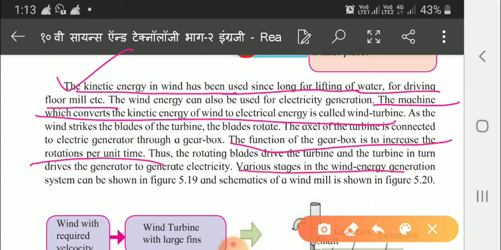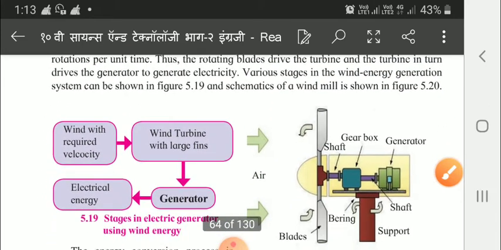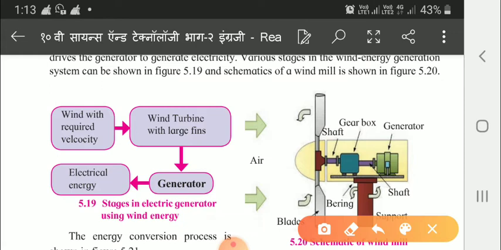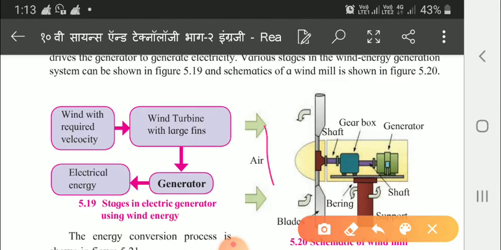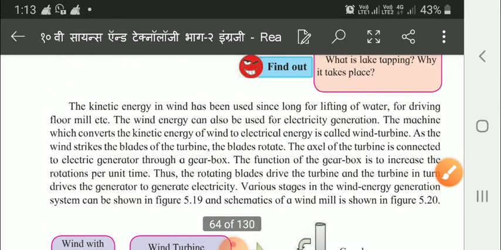So various stages in the wind energy generating system we can see in this figure. Let us see here. So here, children, this electricity generation using wind energy we will see in the diagram, in the flow, how it is generated.